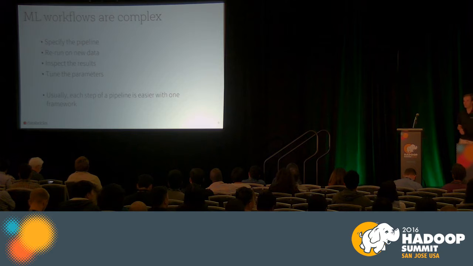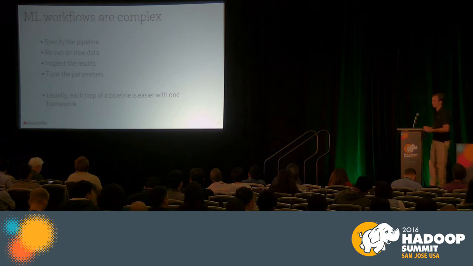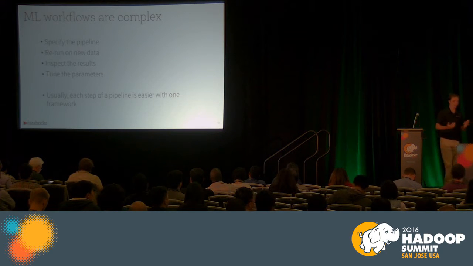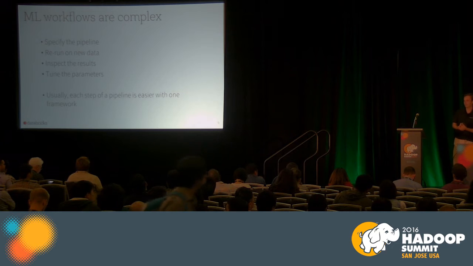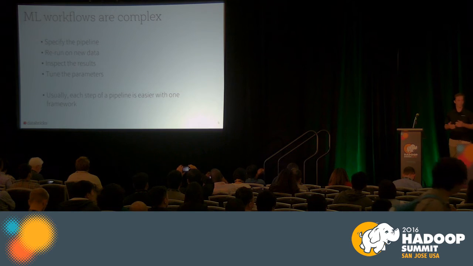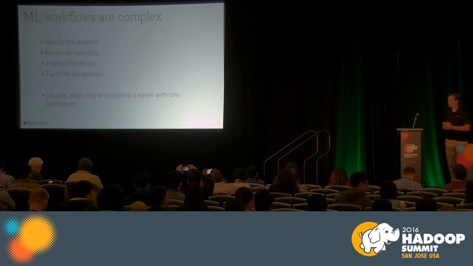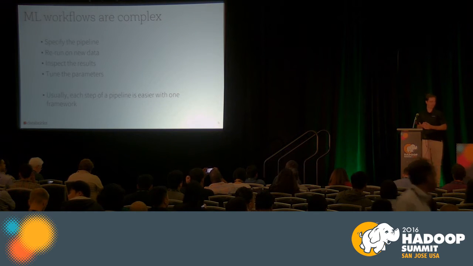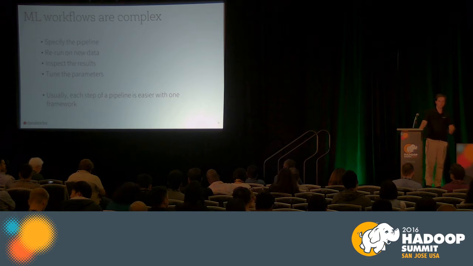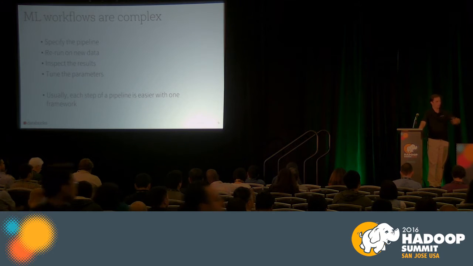If you have been working in data science or in data engineering, you're already familiar with the complexity of machine learning workflows. Usually, when you give a task to a data science team, they have an idea of how to solve it. But first of all, they need to specify the pipeline through which they will run the data.